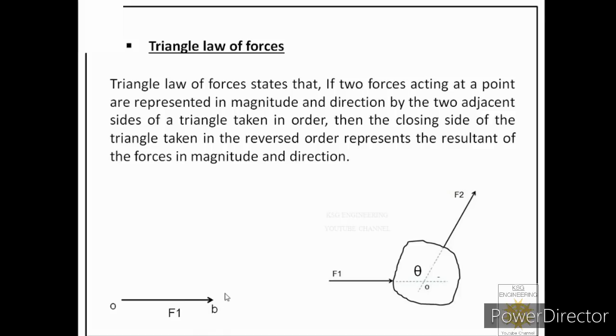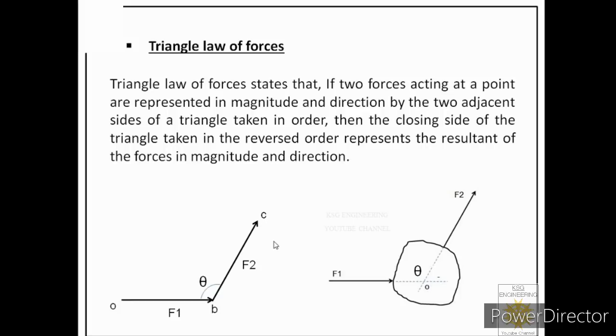Then from the tip of this particular force we will start the second force and for that force we will maintain its magnitude and its direction. So you can see we have drawn the second force from the tip of the first force. So let us represent its angle with that force and we will represent its name as well. So name of second force vector is BC.